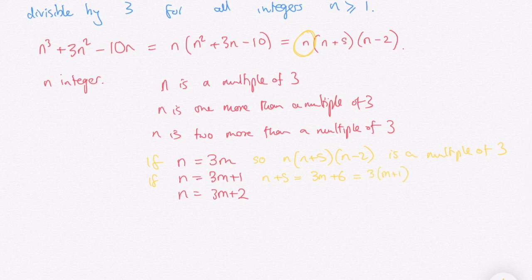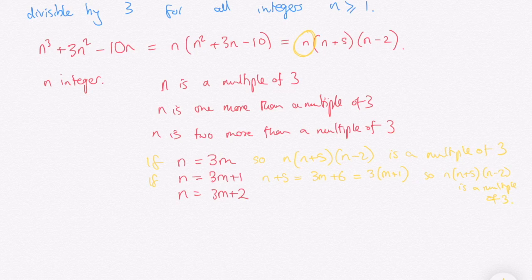So therefore, n plus 5 is a multiple of 3, and so n(n plus 5)(n minus 2) is a multiple of 3. And so our expression is a multiple of 3.